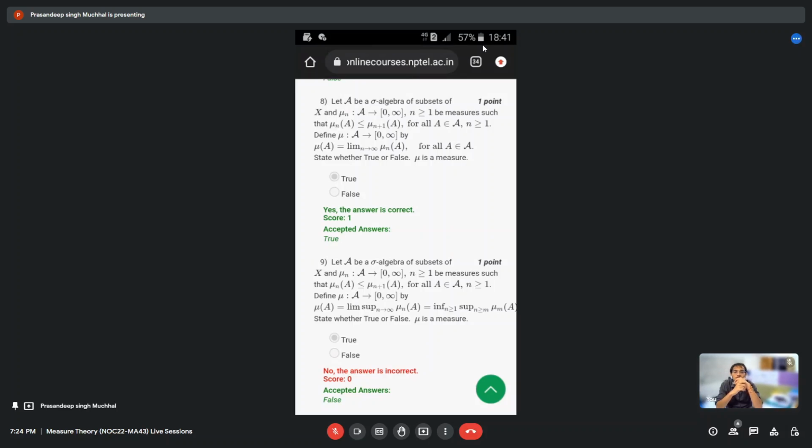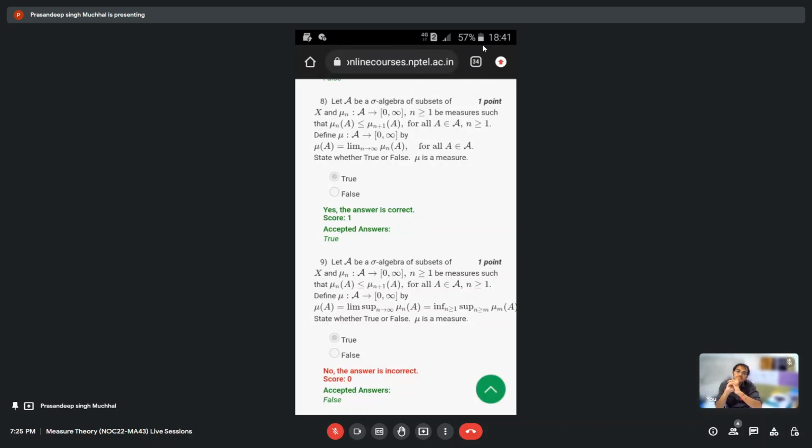I didn't get it, because if the sequence is increasing, then certainly it would be either divergent or convergent. In example number 9, the limit supremum of mu n, it is an increasing sequence, so certainly it would be either convergent or divergent. It should be the same as example number 8.